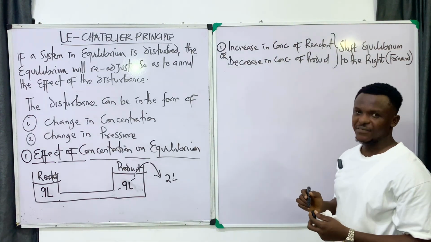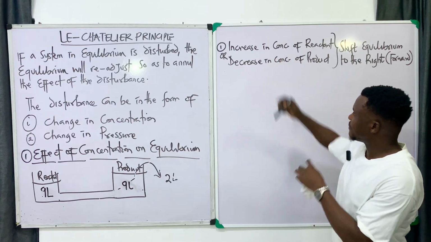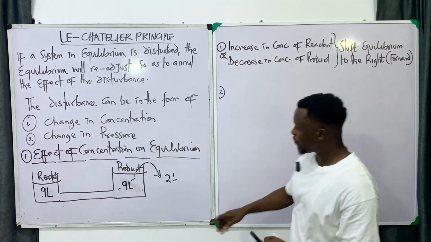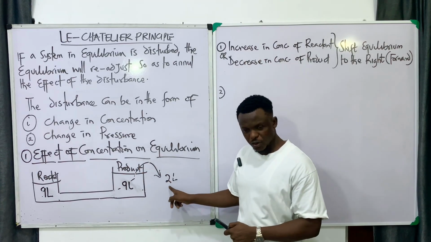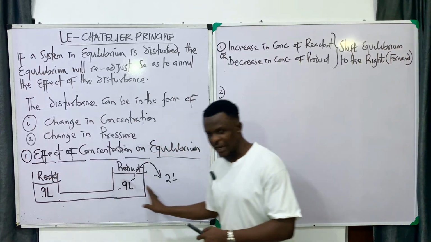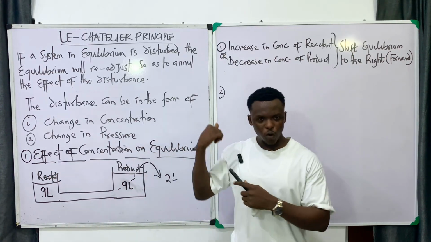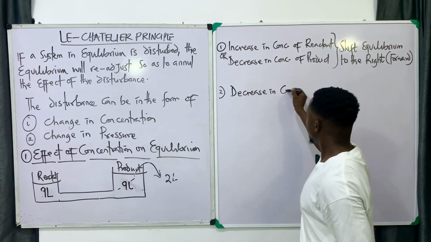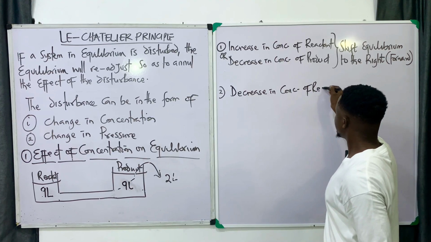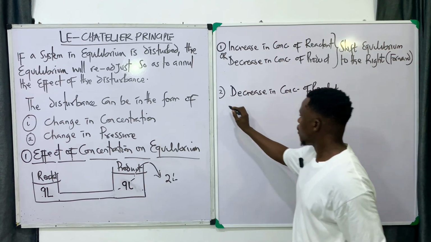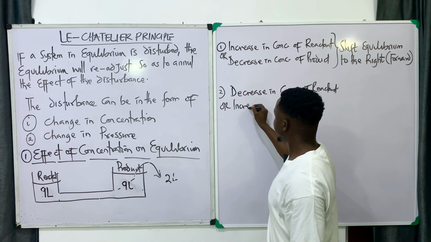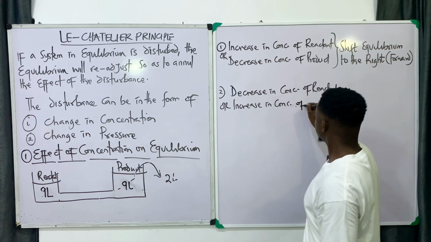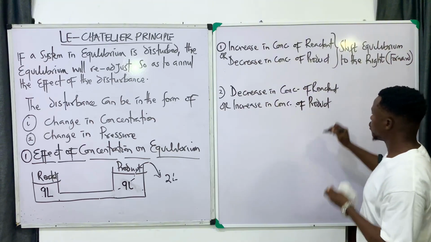reaction, and vice versa. So what is the vice versa of this? Number 2, the opposite of this: if reducing the concentration of the product or increasing the concentration of the reactant shifts equilibrium to the right, what can we do to shift equilibrium to the left? The opposite of this. So I will now say a decrease in concentration of reactants or an increase in concentration of products.